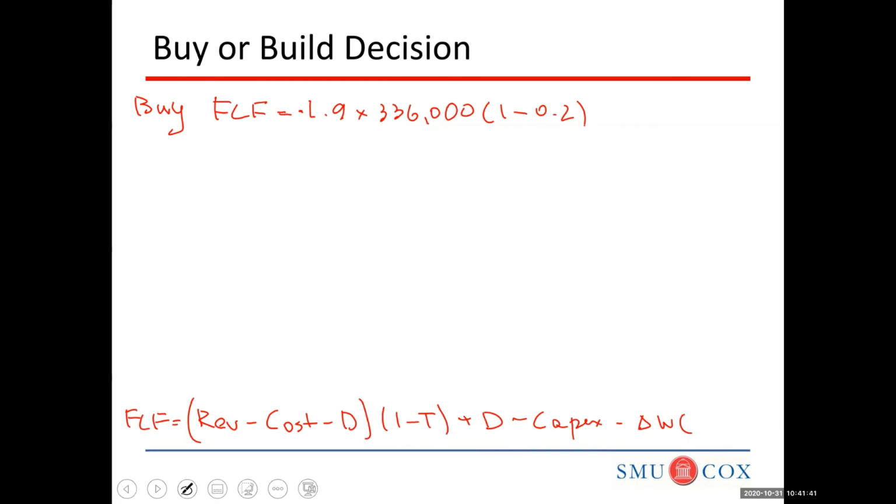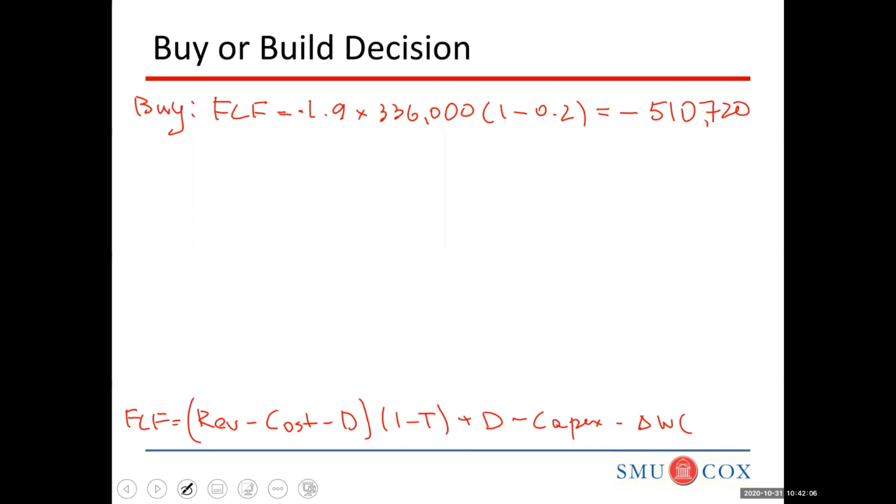And that's all. So that calculation is minus 510,720 in free cash flow. Again, there's no revenue, it's all cost. So if they keep buying, this is how much per year they'll spend after tax.